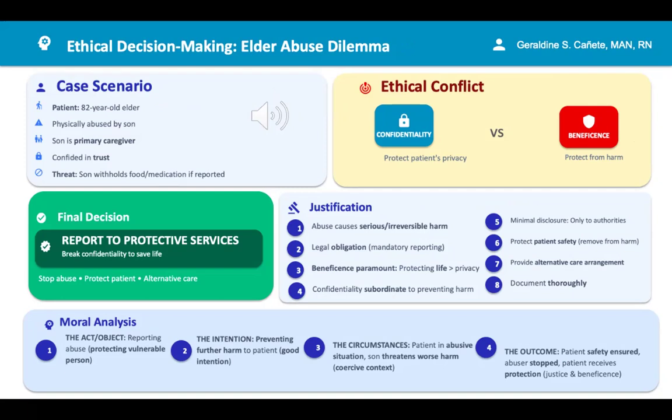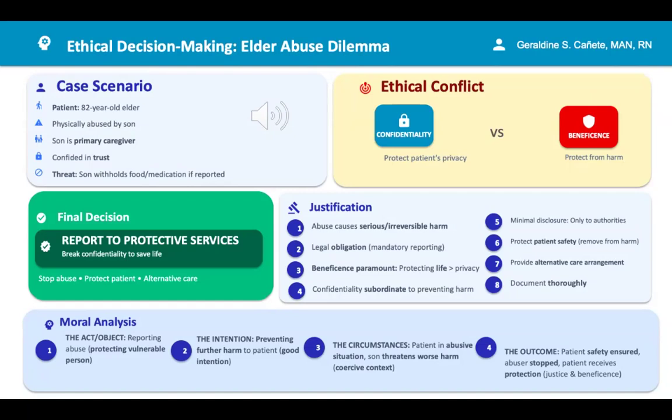Elder abuse is a serious problem in the Philippines, and it's often underreported. This case will challenge you to consider your responsibilities to protect vulnerable patients, even when it means breaking confidentiality and potentially facing personal risks. So imagine this.